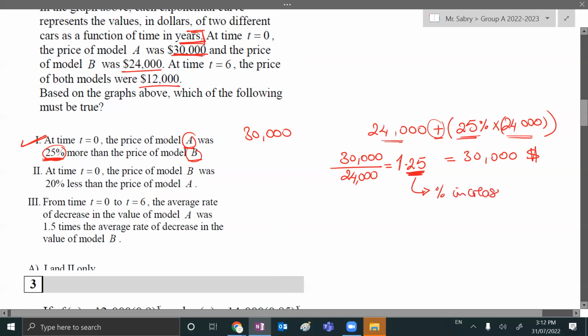So there's this way and there's that way. One way is that I actually add 25% and see if it equals 30,000, yes or no. Another way is that I take 30,000 directly divided by 24,000. Anything bigger than 1, the amount that's bigger than 1 in decimals, which is 0.25, is the percentage increase.